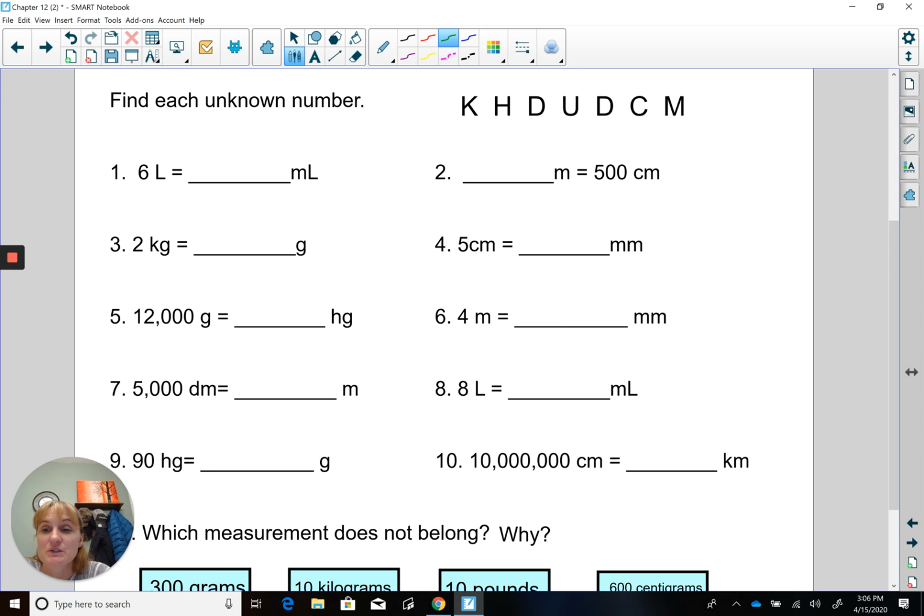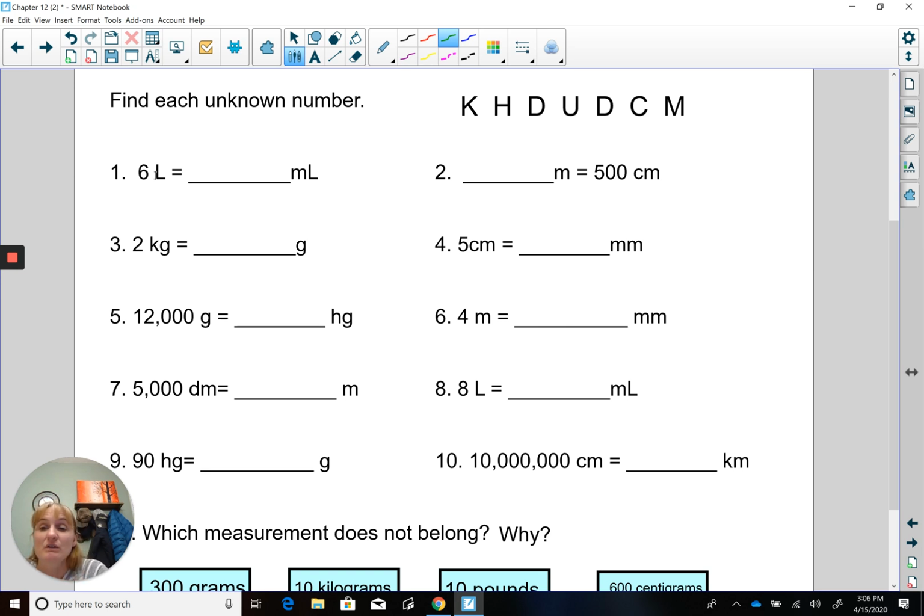So I'm going to do number 1 and number 2 with you, and then I want you to try some of these on your own. We will go back and we will check over them, but I want to see what you can do now that you've known the method. But let's take a look at 1 and 2 so you know what you're doing.